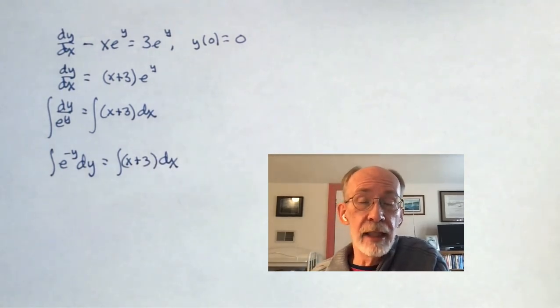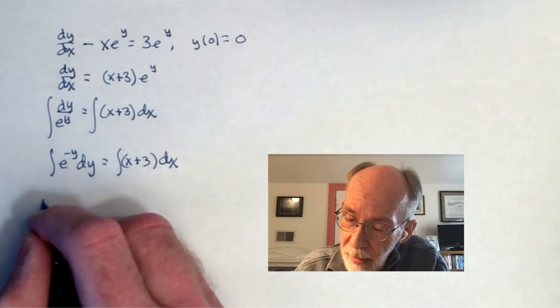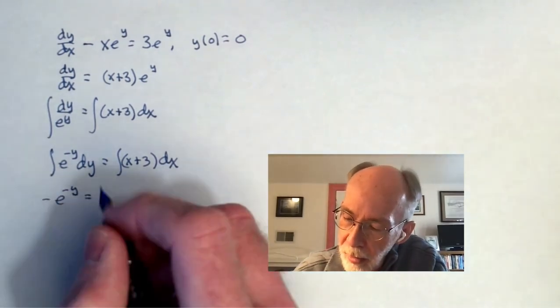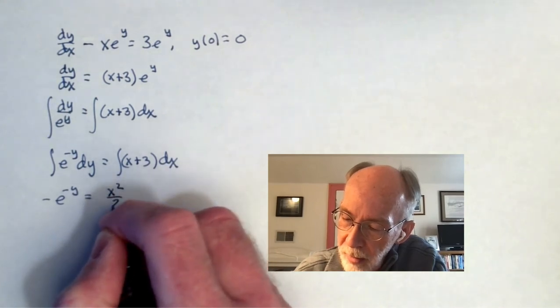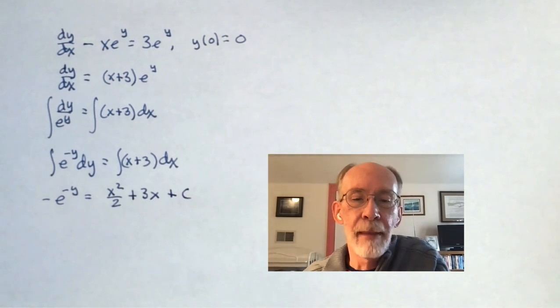The integral on the left is just e to the opposite y with an extra -1 for the chain rule. So we have opposite e to the opposite y equal to x squared over 2 plus 3x plus a constant of integration.